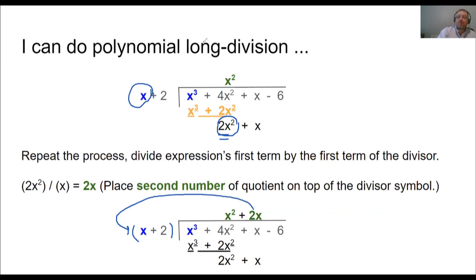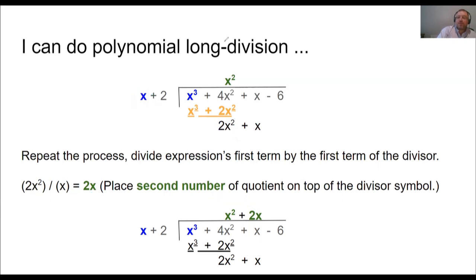I don't want to get ahead. So, I brought the 2x up here, and I brought the x down. I'll get to the next step. I want to make sure you see that. All I did was divide here, put this term right here, and then carry that x down. So that's all I've done so far.